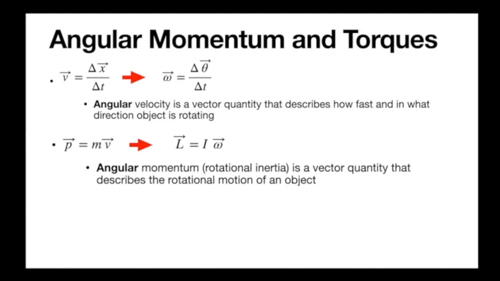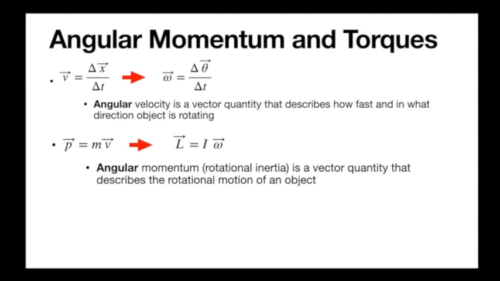I'll talk about the directions in a second, but coupled with angular velocity, we have angular momentum. And that, just like linear momentum, is not just dependent on how fast it is rotating, but also on this rotational mass, which we call rotational inertia, or moment of inertia, I. We have an equation for that, which I'll go over soon, but it tells us the equivalent thing.